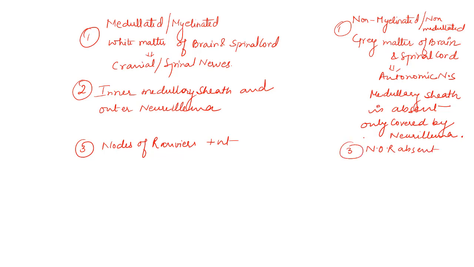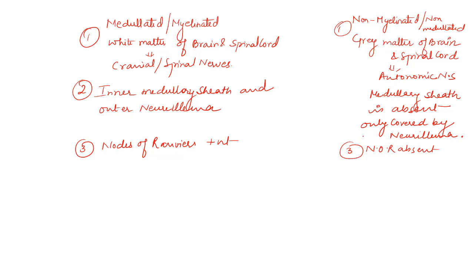The diameter of medullated nerve fibers is more in comparison to the non-medullated nerve fibers. The color of medullated nerve fibers is white because of the myelin sheath, and non-medullated nerve fibers are gray. Speed of conduction: medullated nerve fibers show saltatory conduction, which is fast, and non-medullated nerve fibers are slow.